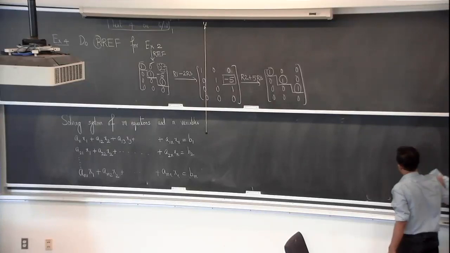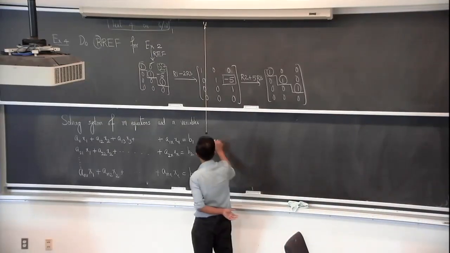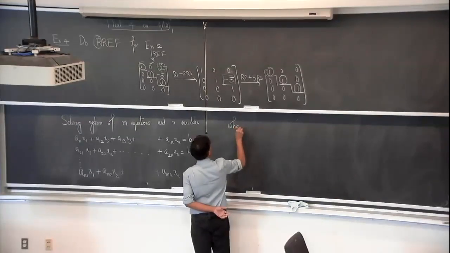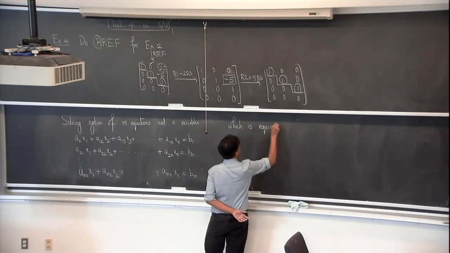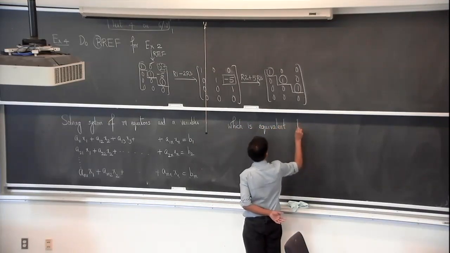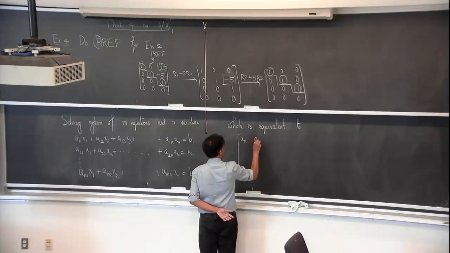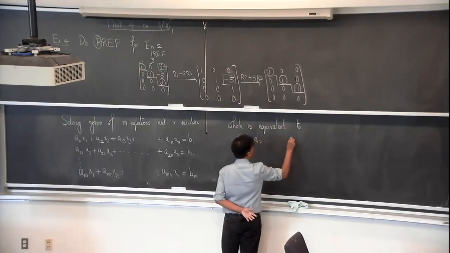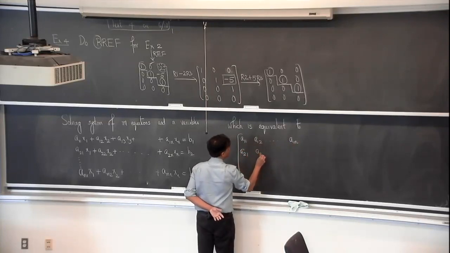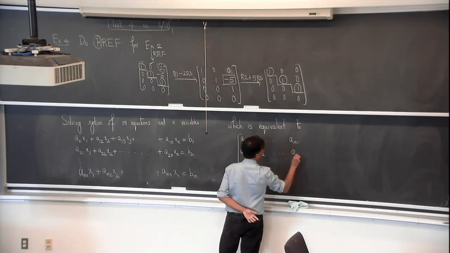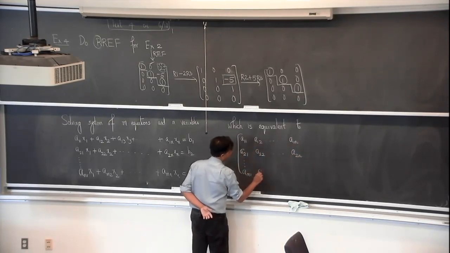It's pretty unfriendly, and that is where the matrix representation is useful, which is equivalent to the following. Matrix A11, A12, dot dot dot, A1n, A21, A22, A2n, AM1, AM2.